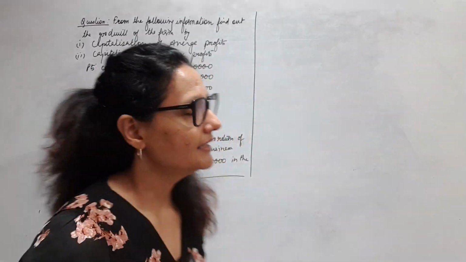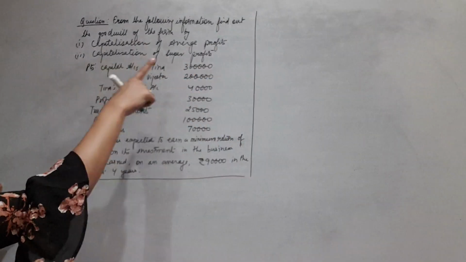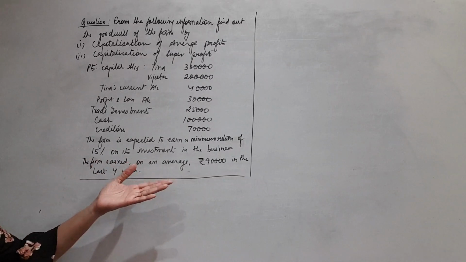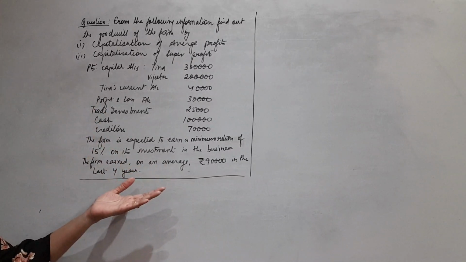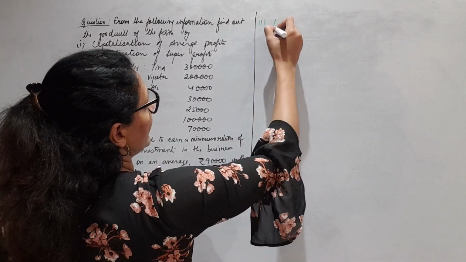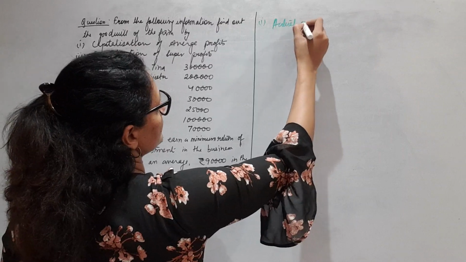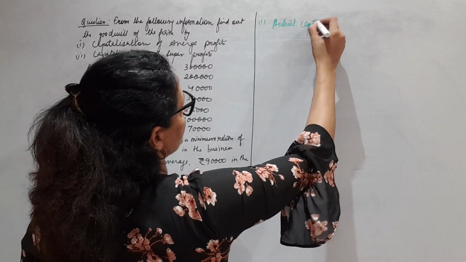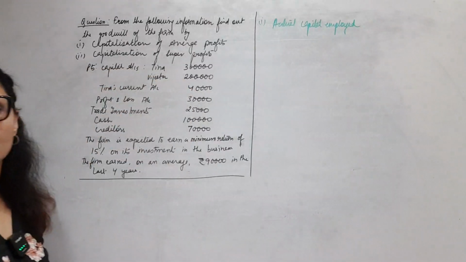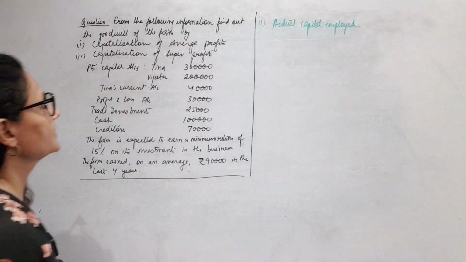Let's solve it. For capitalization of average profit, I need actual capital employed. Average profit is given to me, normal rate of return is given to me. So I just need, for the first method, actual capital employed. Okay, how much is that?